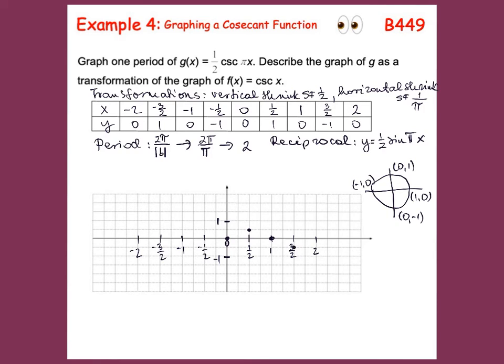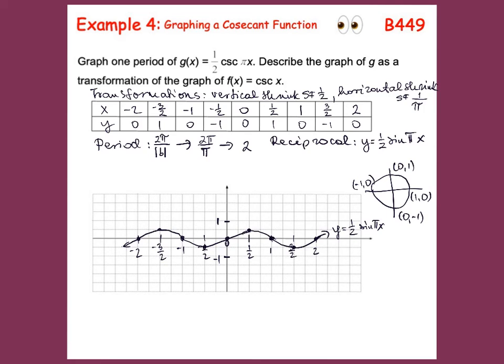So we are only going to go to the 1/2 point, and then we are going to go ahead and graph that in the other way too. So now let's get started making that nice curve. And we can label this as y equals 1/2 sine pi x.